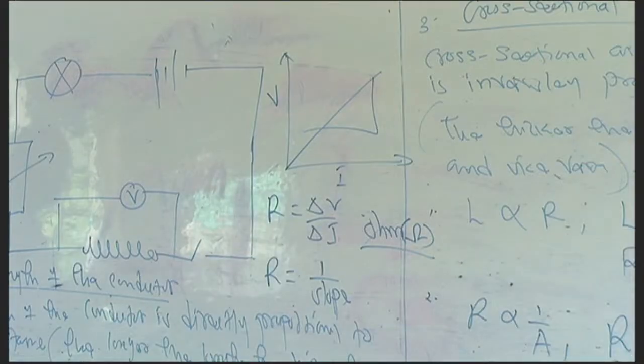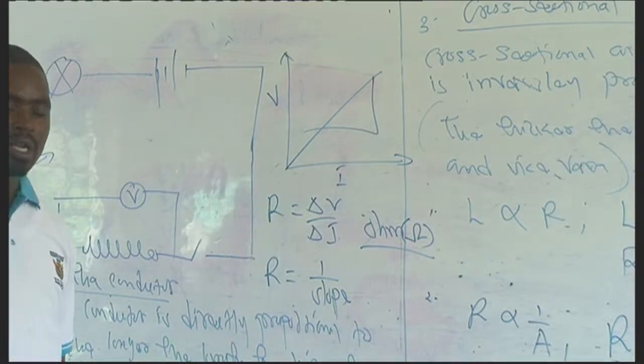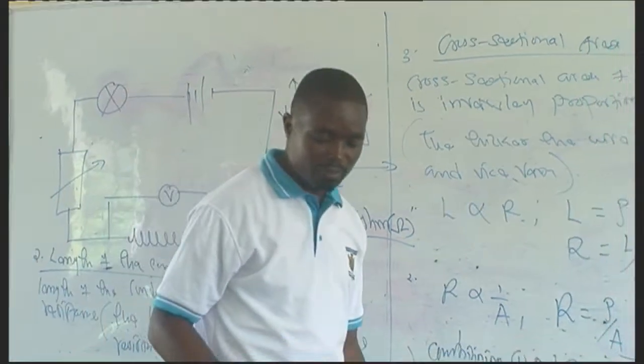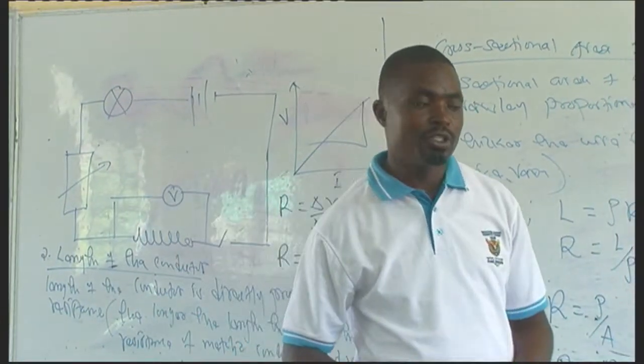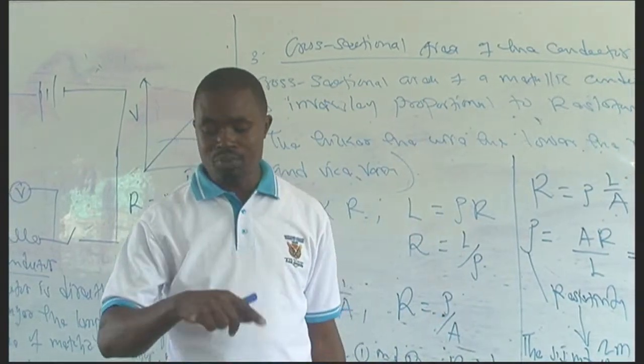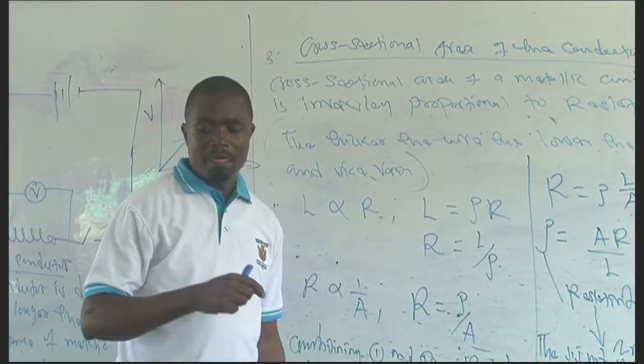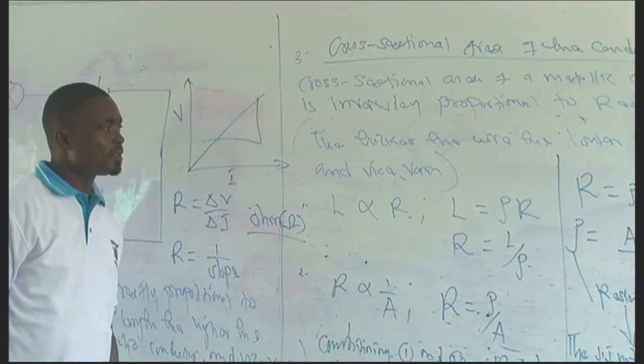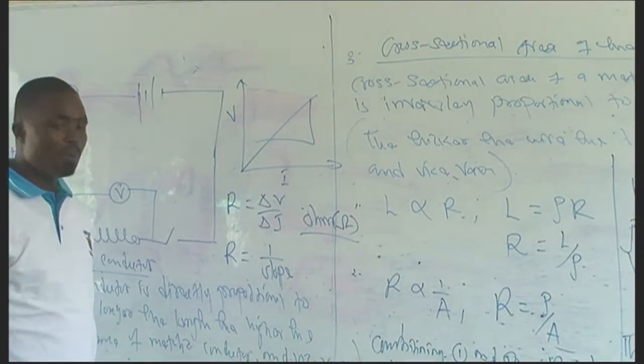Then we also came to ohmic and non-ohmic conductors. Ohmic conductors obey Ohm's law, and if you use them in your experiment or practical, you expect a straight line graph passing through the origin. Non-ohmic conductors do not obey Ohm's law.